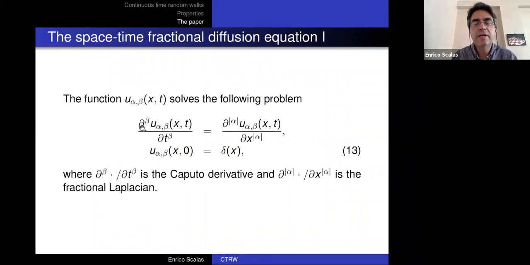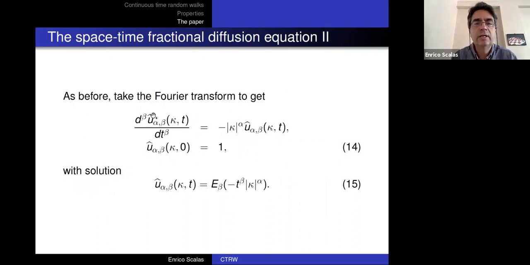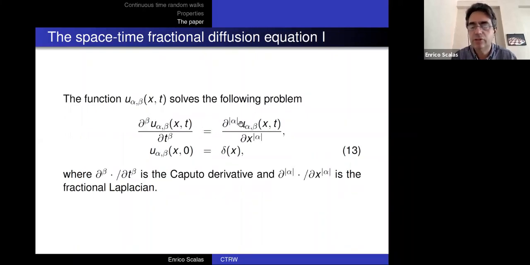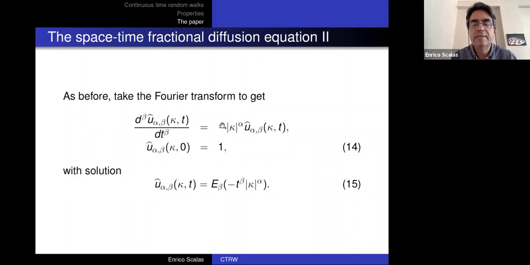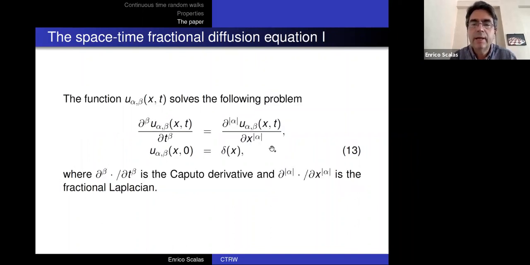If I take the Fourier transform of this equation here and of the initial condition, I get this equation 14, this problem, which becomes a problem for the Caputo derivative only. So you get rid essentially of the fractional Laplacian, which is replaced by its symbol. I think I also have to change the notation for this derivative to be consistent with the paper, which I will do.